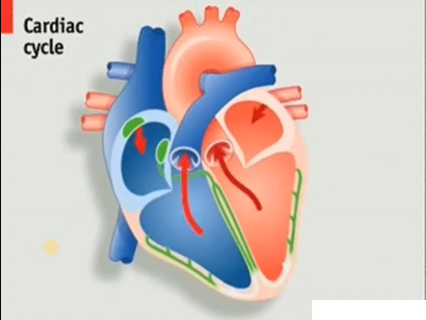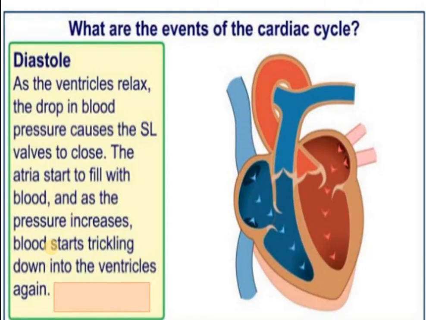Now let's see what the cardiac cycle is. It is represented by two processes. One is called diastole, the other is called systole. Diastole is actually ventricle relaxation. As the ventricles relax, the drop in blood pressure causes the semilunar valves in the aortic and pulmonary arch to close.